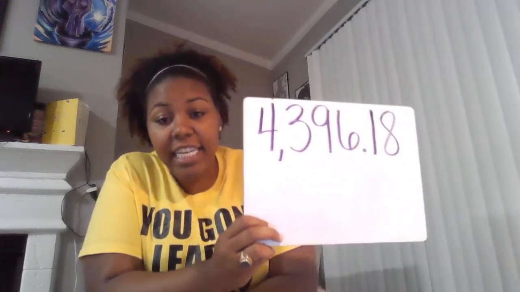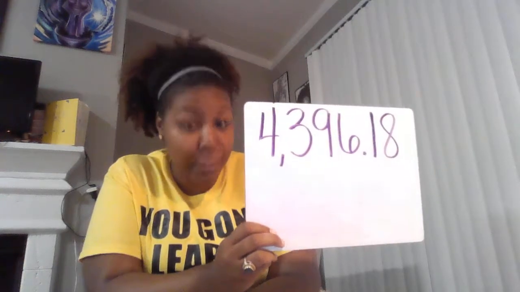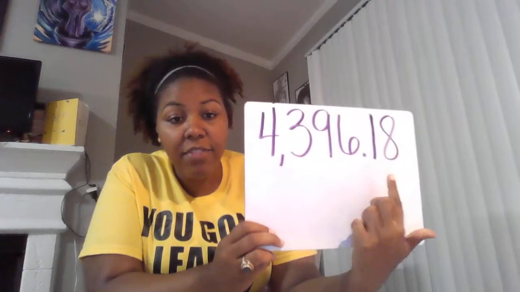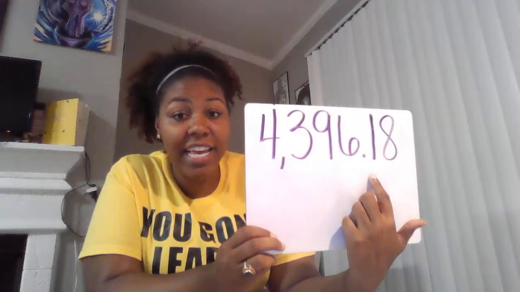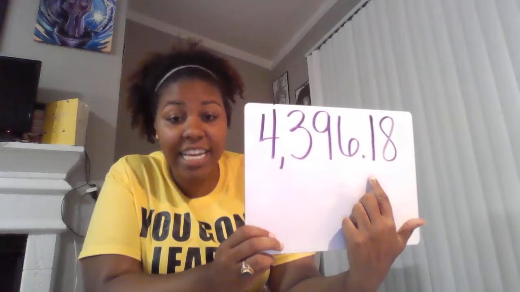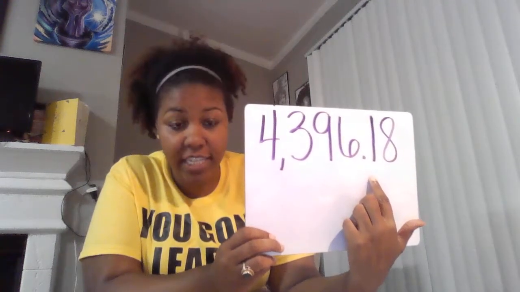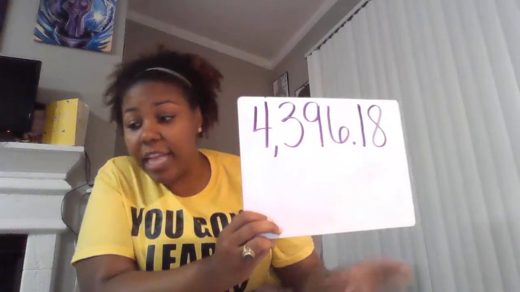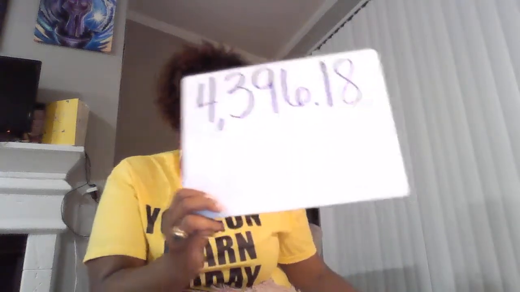The 6 is in the ones place, and the value is 6. The 1 is not in the ones place. The 1 is in the tenths place, and the value is 1/10. You could have written that as a fraction or a decimal.